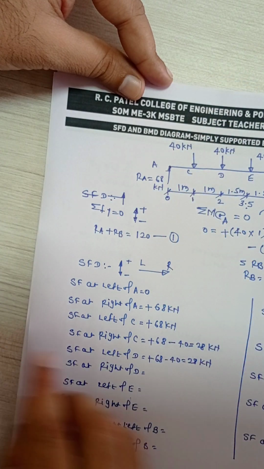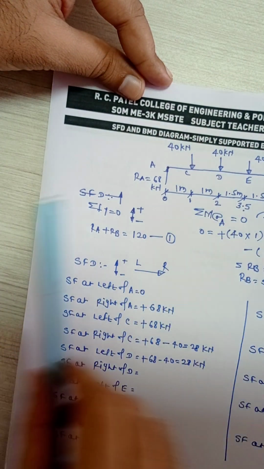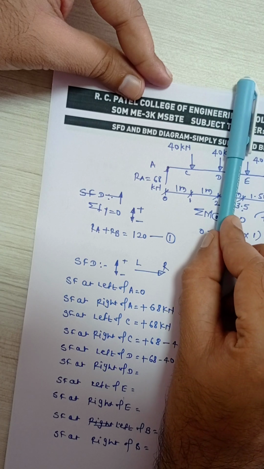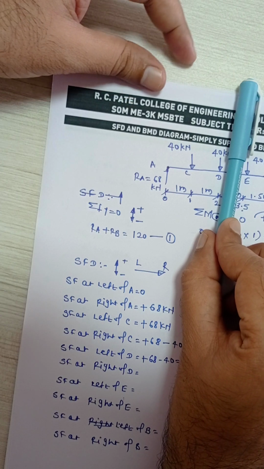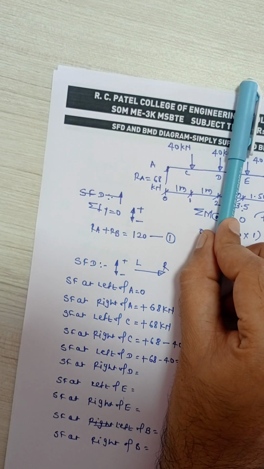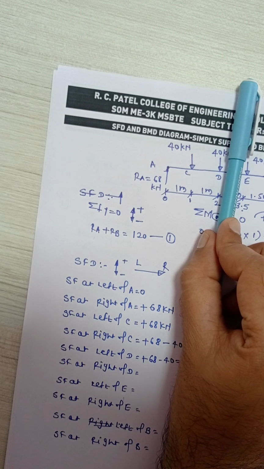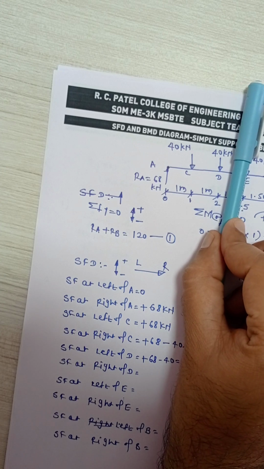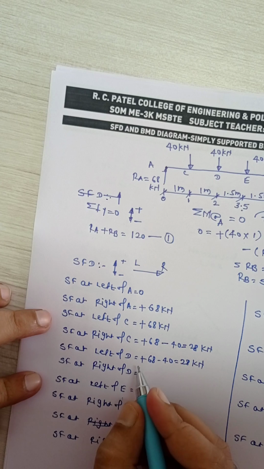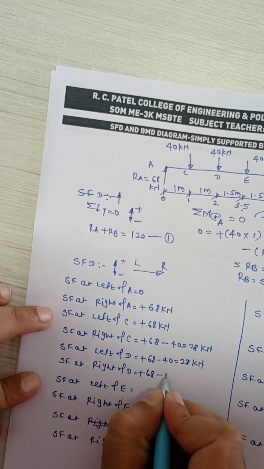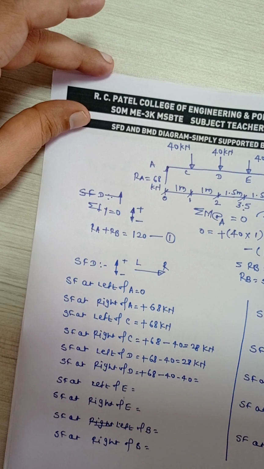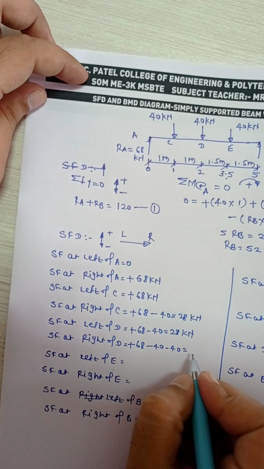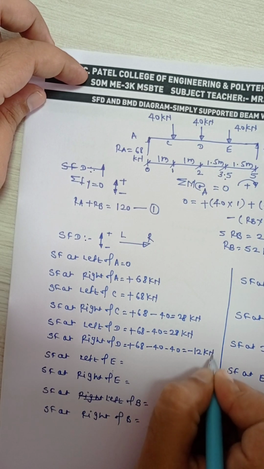Next, right of D. Here we are observing 68 kilonewton going upward, positive, 40 kilonewton at point C going downward, negative, and at point D also 40 kilonewton going downward, negative. How to write? Plus 68 minus 40 minus 40 equals, the answer will be minus 12 kilonewton.